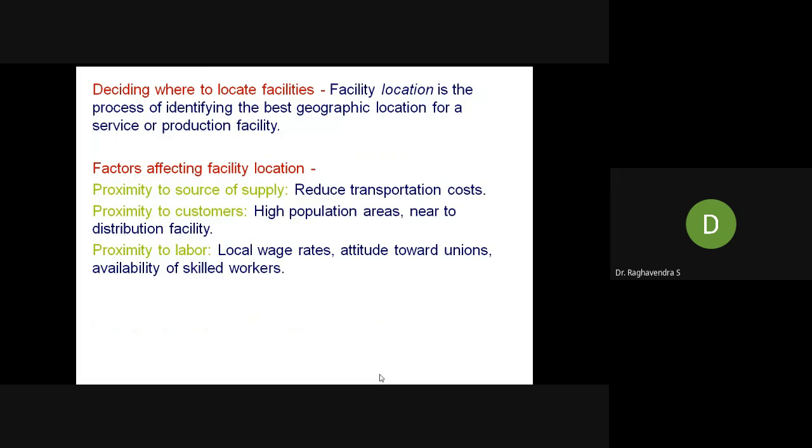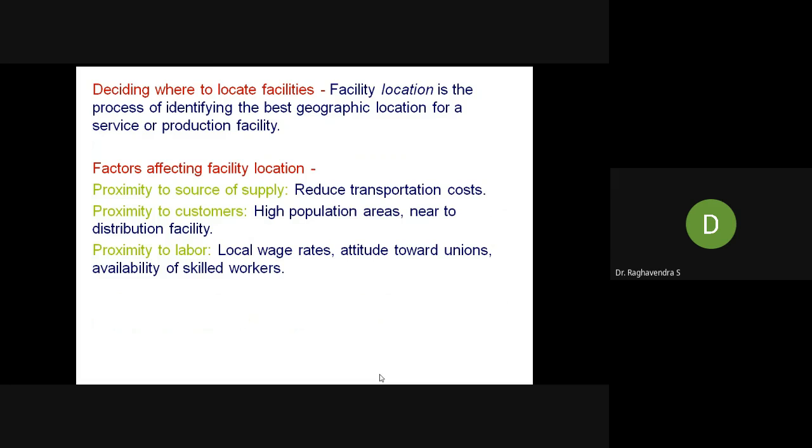Deciding the location of the company, the facility location, depends upon the organization or the product you are choosing. If you are starting a seafood processing industry, and you start it away from the sea, away from the sea beaches, then wherever the fishery is taking place, you have to invest a lot of time and a lot of money there.